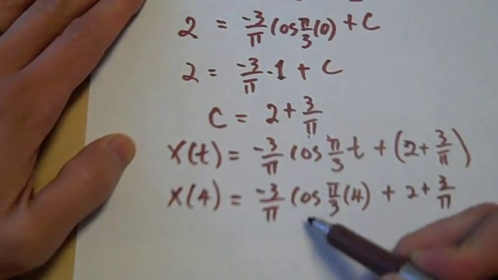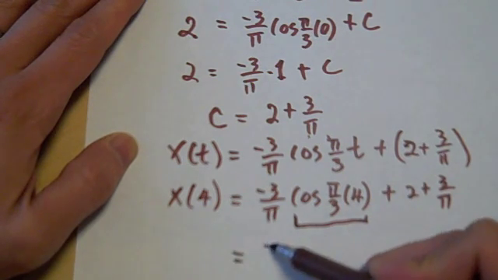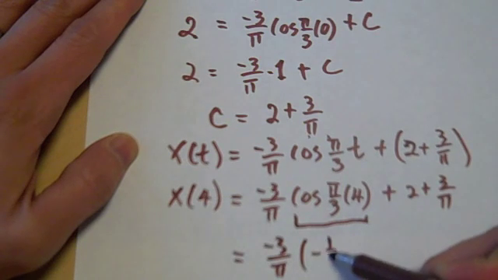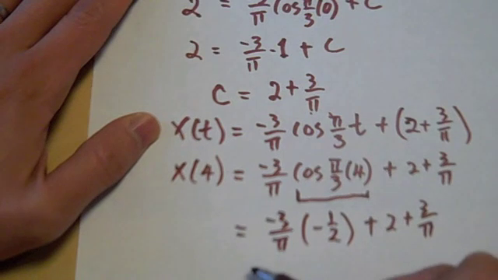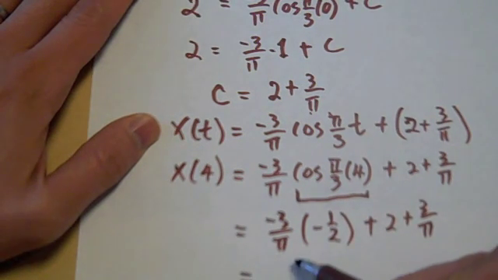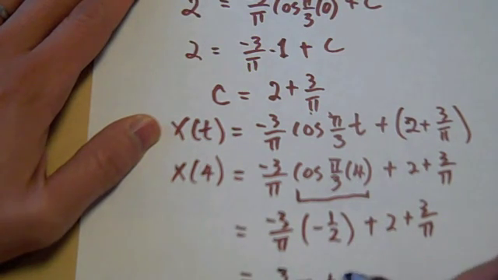And remember, we earlier did this before: cosine 4 pi third is negative 1 half. So you end up with negative 3 over pi times negative 1/2 plus 2 plus 3 over pi, and you end up with positive 3 over 2 pi plus 2 plus 3 over pi.